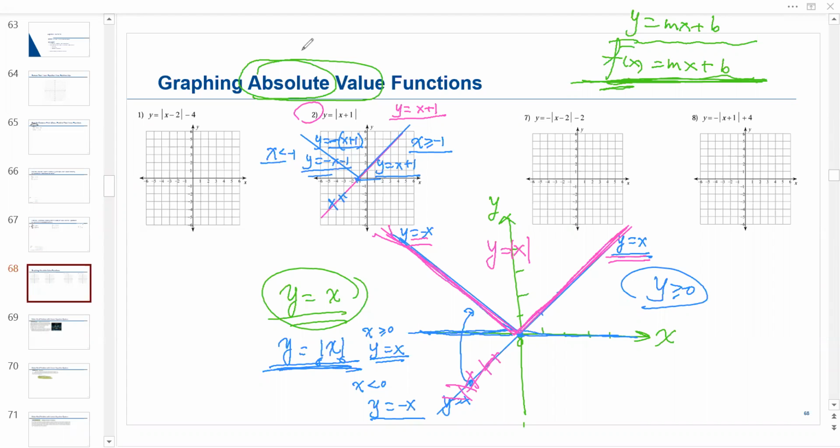So you do not have this pink line. When you graph an absolute value function, you can see all the results are above y = 0. All right, so I will send these three to you as homework.